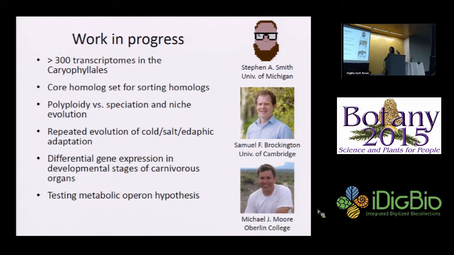We're looking at polyploidy versus speciation and niche evolution. We're also trying to correlate the expression and molecular changes to the repeated evolution of salt, cold, and drought adaptation. We're also playing with a little bit of differential gene expression in carnivorous organs. We're also testing the metabolic operon hypothesis of the betalain synthesis pathway.